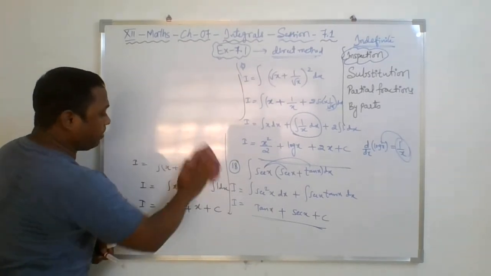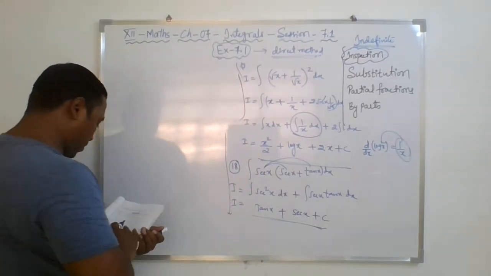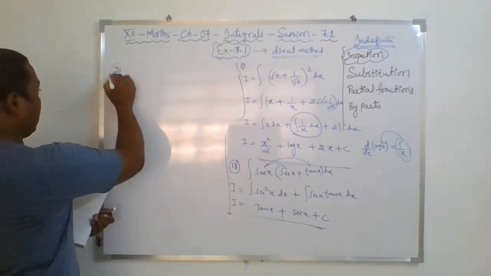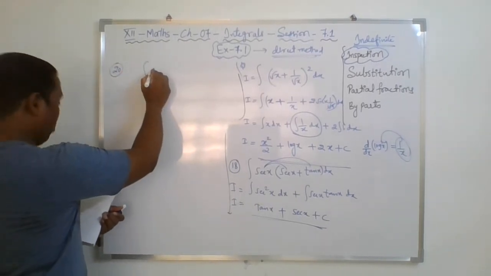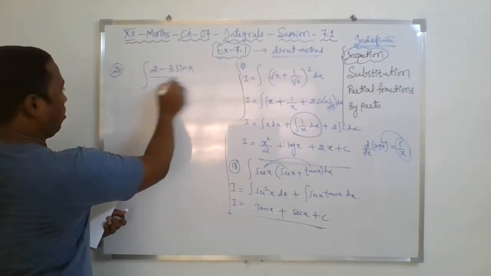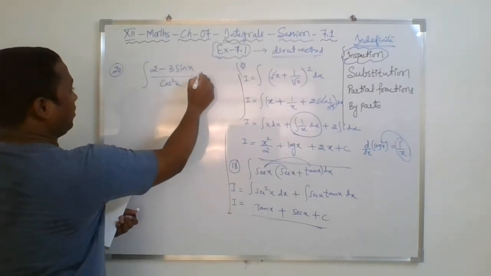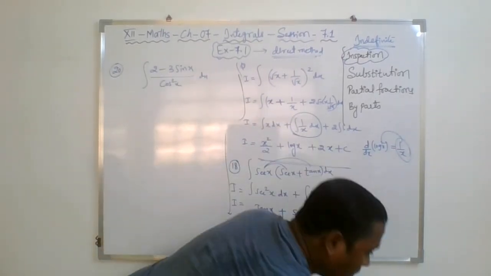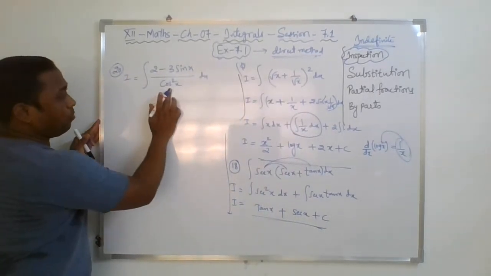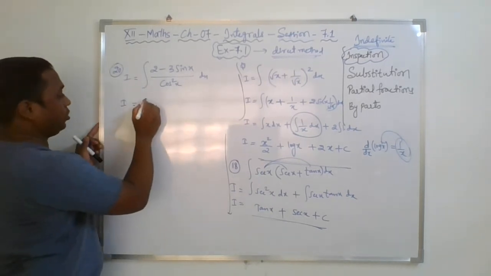So the last sum I'm taking here in this session. So let us take the question number 20. The integration of 2 minus 3 sin x upon cos square x dx. Now see, since it's a monomial denominator, I can simply first separate the fraction.